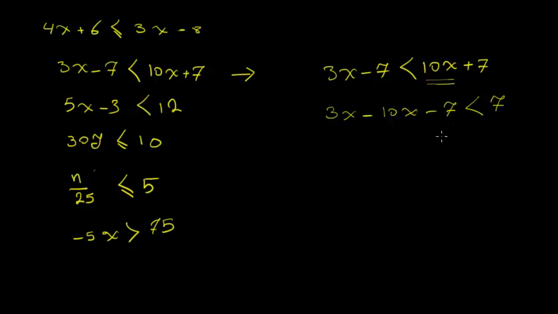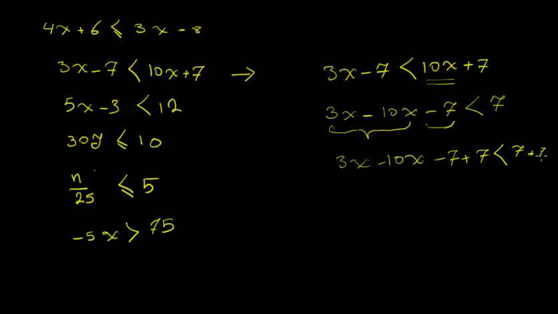Now, we have two things to do here. First, to combine the like terms, and then to isolate the x. To do that, first thing, we get rid of minus 7. So 3x minus 10x minus 7 plus 7 is less than 7, and we add plus 7 to the other side.